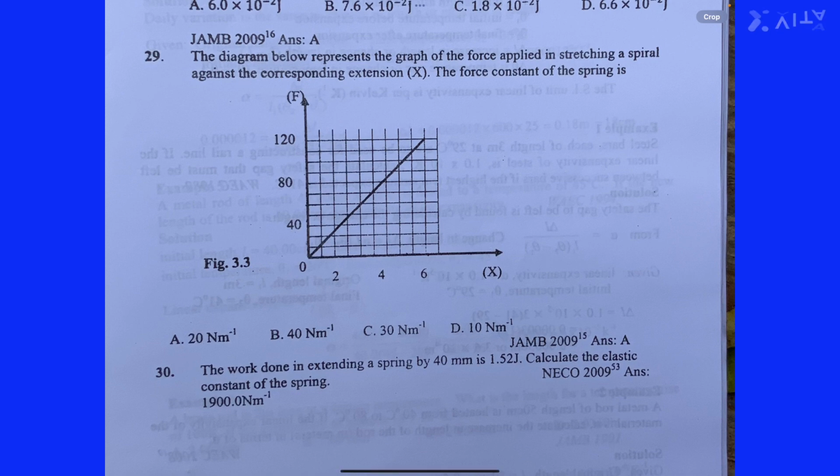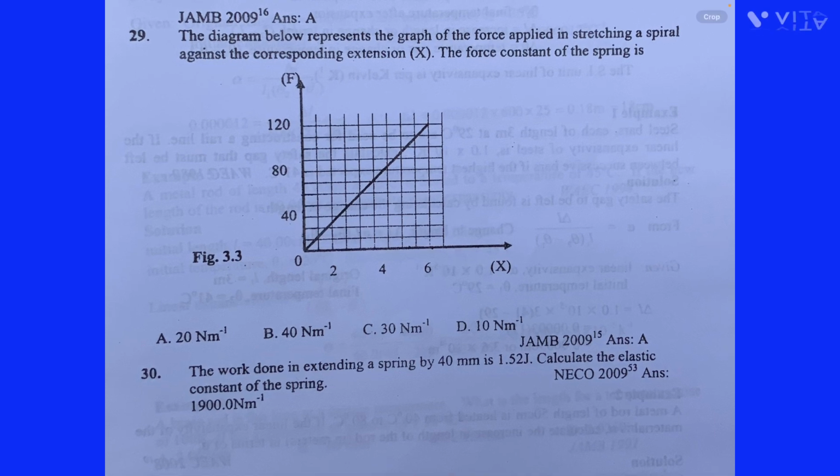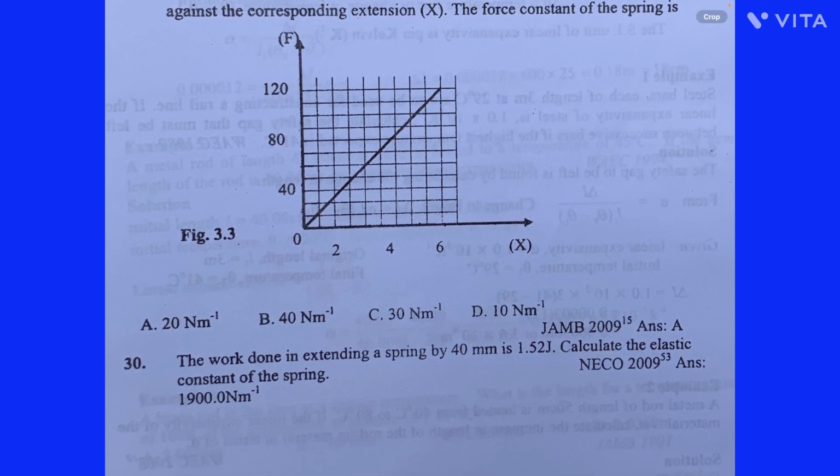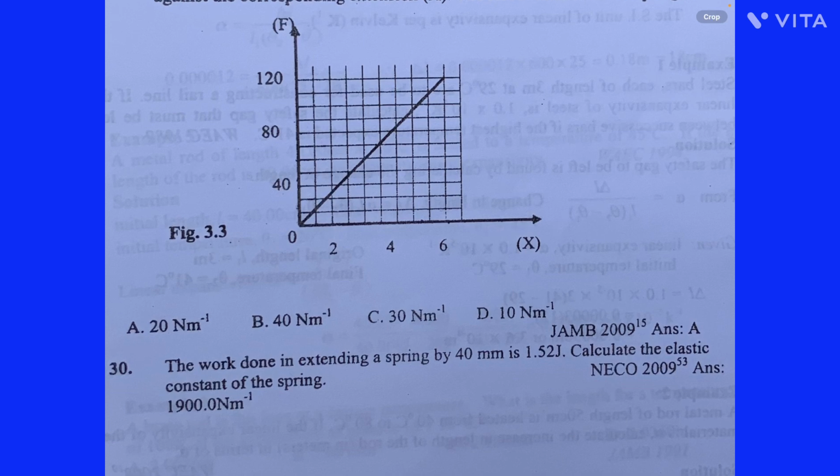The diagram below represents the graph of the force applied in stretching a spring against the corresponding extension. The force constant of the spring is, all we need to find in this diagram is a force and its corresponding extension. You understand? Find a force on the graph and the extension it produces.